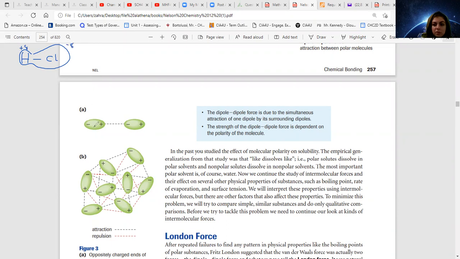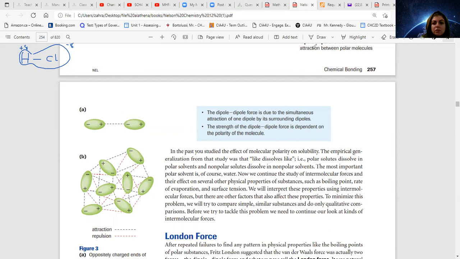So we have a negative and we have a positive. If you have one HCl here and another HCl here, the positive side of one HCl will attract the negative side of the other HCl. That is dipole force. So dipole force comes from the polarity of the molecule.